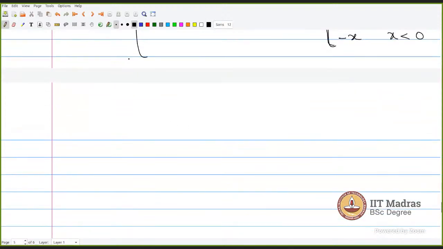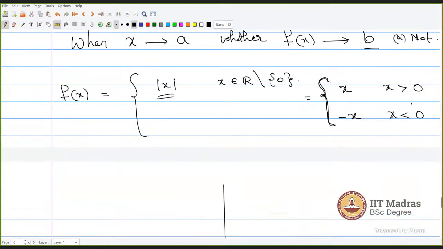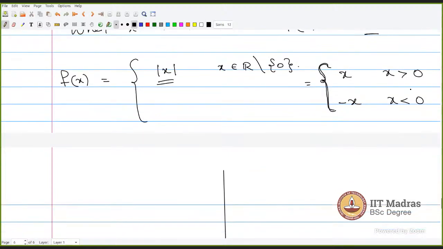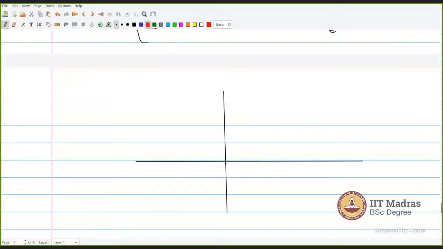So if I draw the graph of it, note that I didn't define my function at x equals 0. This is how I defined my function. Now I will try to plot that particular function.